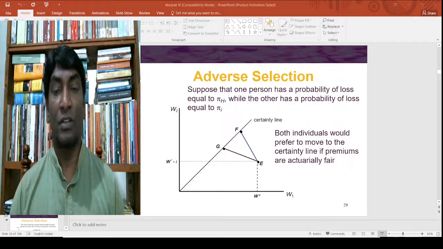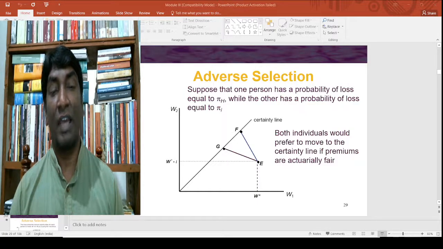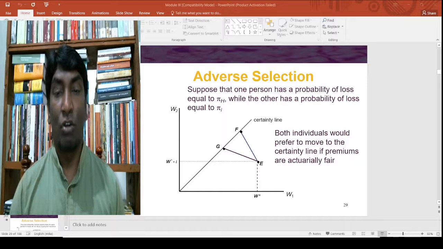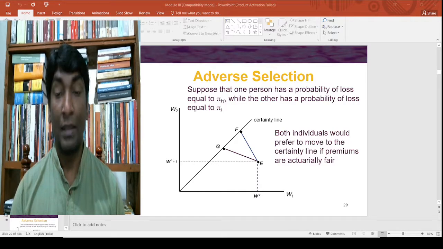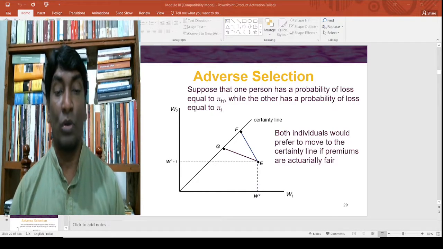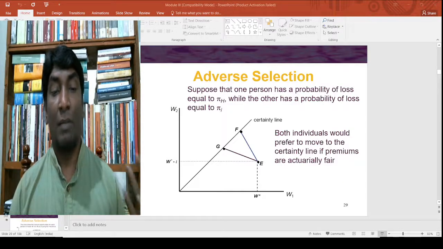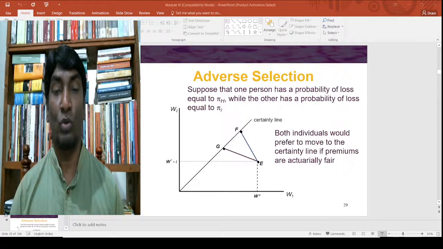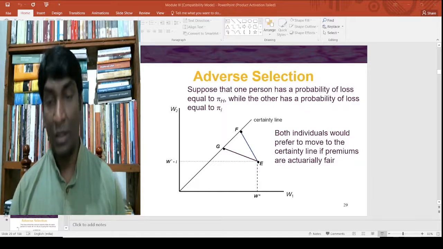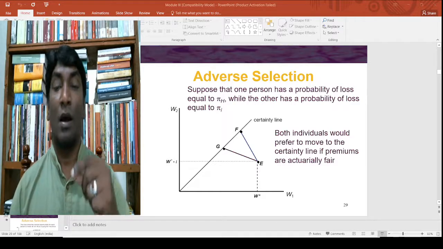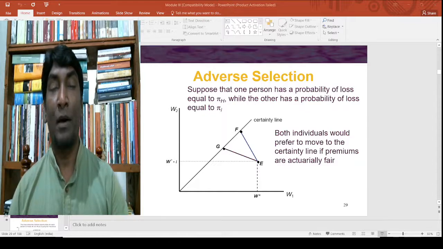There are different slopes for different individuals. That is, F and G would have different slopes. The slope is nothing but minus (1 minus pi) by pi. The slope of F is minus (1 minus pi l) by pi l.